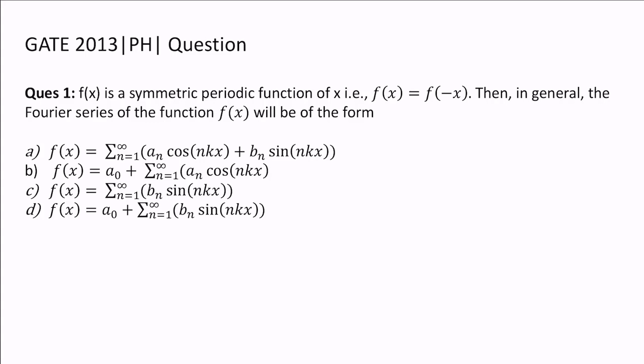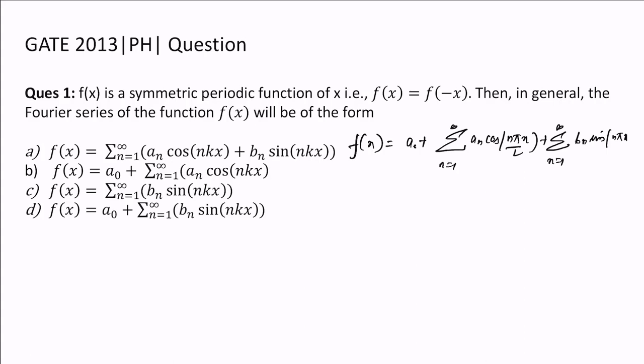So we know that the Fourier series expansion can be written in the following form: f(x) is equal to a0 plus summation n equals 1 to infinity a_n cos(n pi x by l) plus summation n equals 1 to infinity b_n sin(n pi x by l).